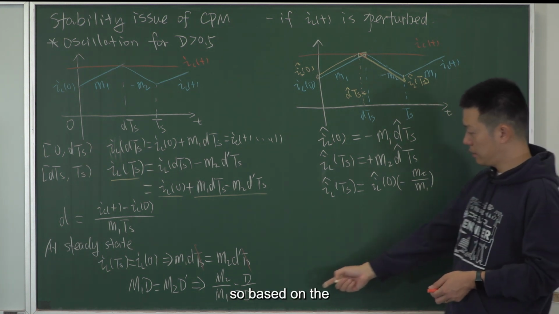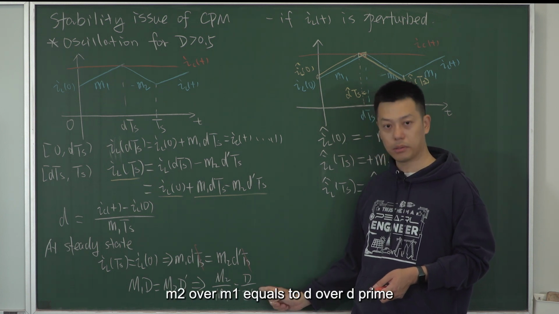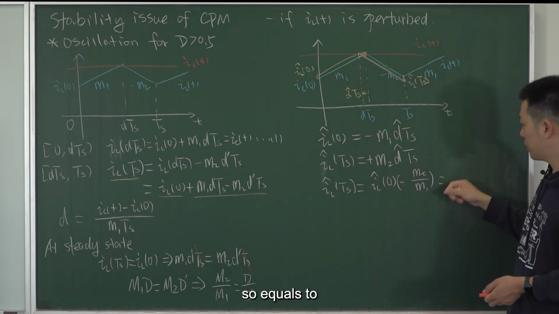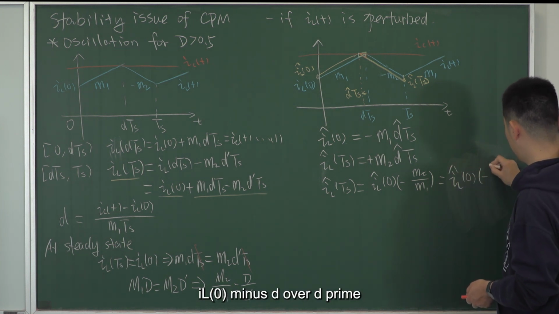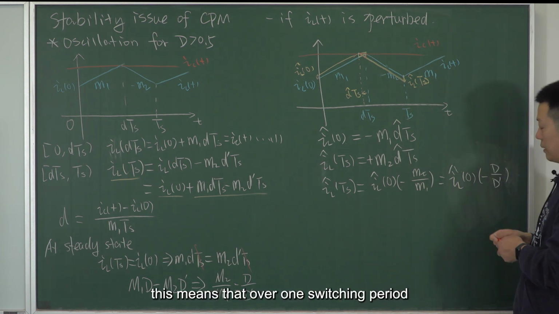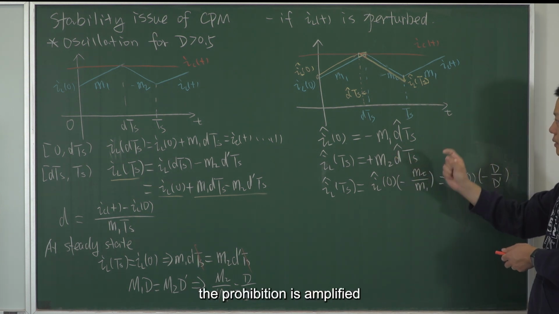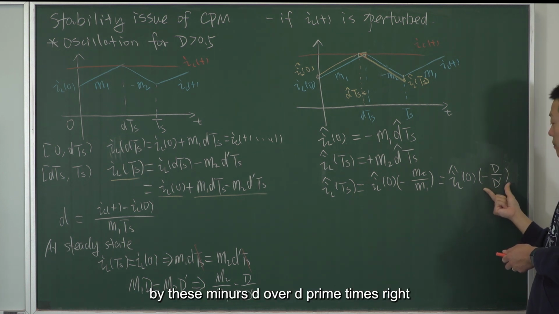Based on this conclusion, M2 over M1 equals d over d prime. So IL cap Ts equals IL cap 0 times minus d over d prime. This means that over one switching period, the perturbation is amplified by minus d over d prime times.